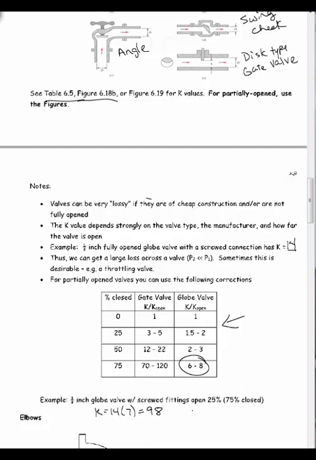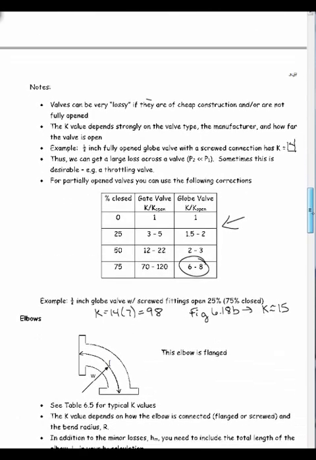If you use figure 6.18b, you're going to just read off there 25% open. It's the very beginning of the graph. It looks like K is about 15. Probably a little bit more reasonable, but still a big difference.